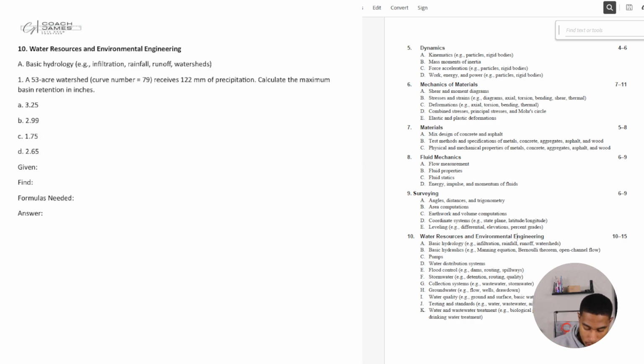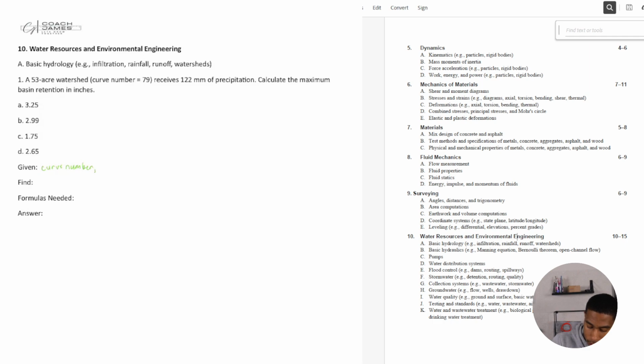So what is the information that I'm given? So given information is, we have our curve number of 79, right?